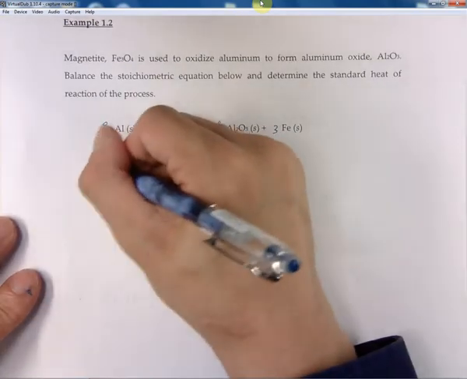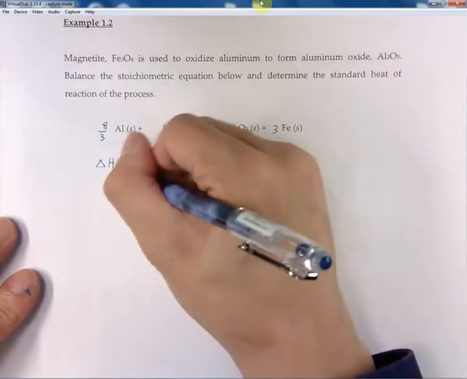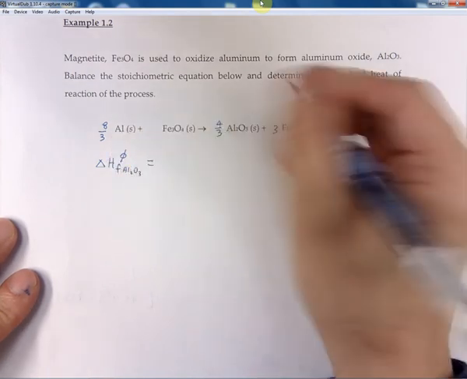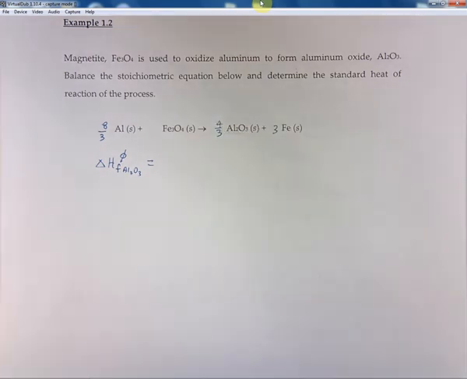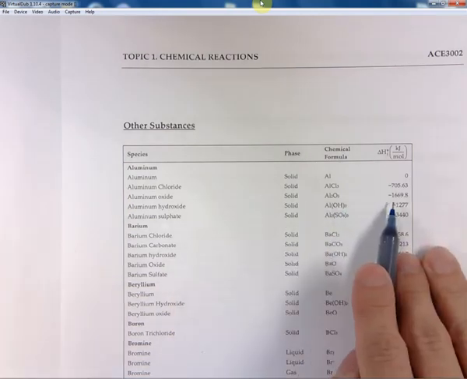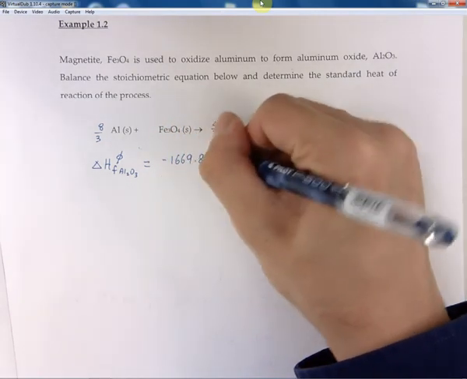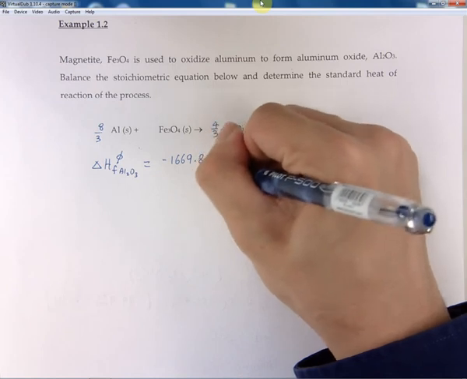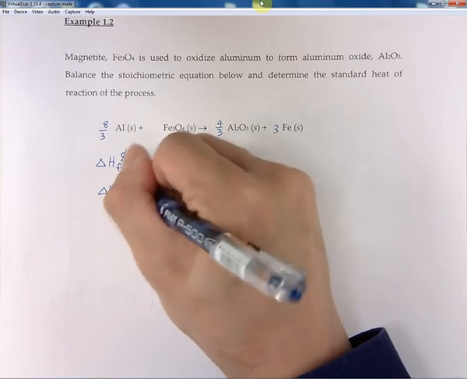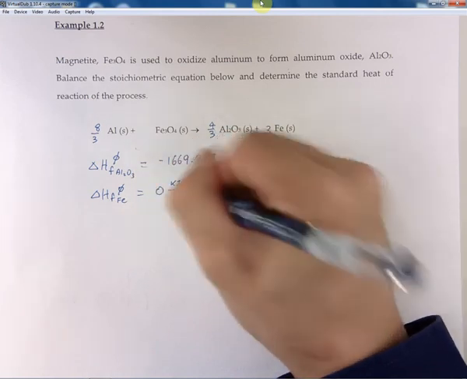So with this we can find the heat of formation of aluminum oxide. So aluminum oxide is over here, negative 1669.8 kilojoule per mole. And heat of formation for iron, same as before, because this is an element, so you expect it to be 0 kilojoule per mole.